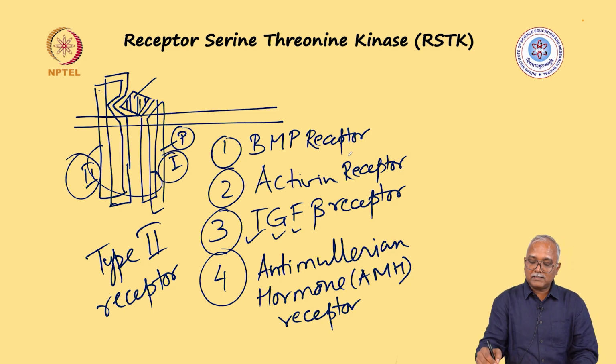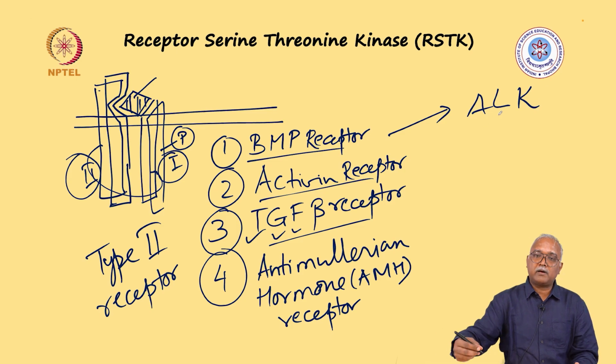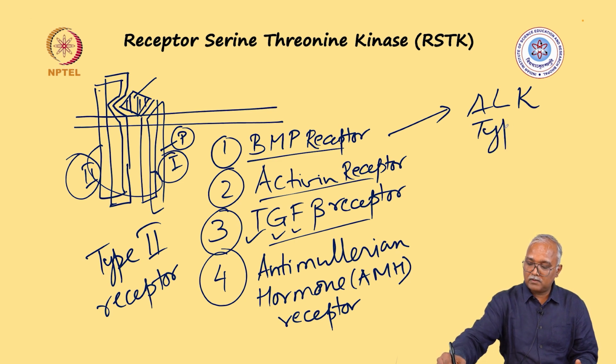So with all these receptors which I am mentioning here, you will need type 1 receptor also, and many of them are part of this activin-like kinase. This will be in different isoform format. It will be making sure that type 1 receptor is available.